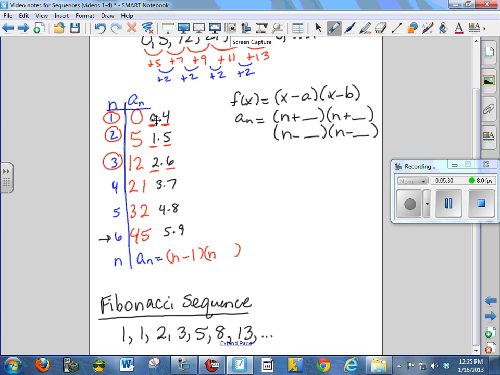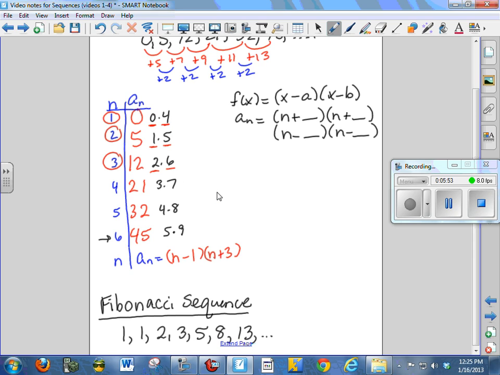The second factor is 3 more than the term number. So 4, 5, 6 are 3 more than 1, 2, and 3, for example. So we could call this n plus 3. If we, for example, plugged in 6, 6 minus 1 is 5, 6 plus 3 is 9, and 5 times 9 is 45. So here's our pattern. It's quadratic. It fits the requirements.